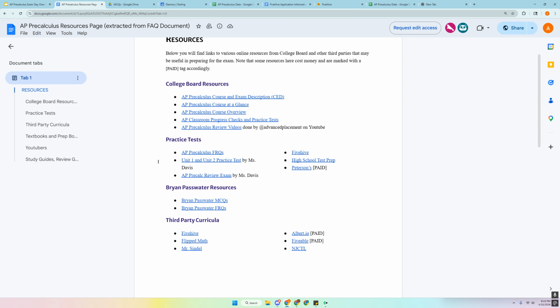These practice tests are not AP style, so that's the reason I didn't choose those. I only chose these two because these are the AP style ones. Yeah, if it's from a College Board one, you sadly can't send it unless it's a released test, which I'm assuming it's not because there are no released precalc tests as of the moment.